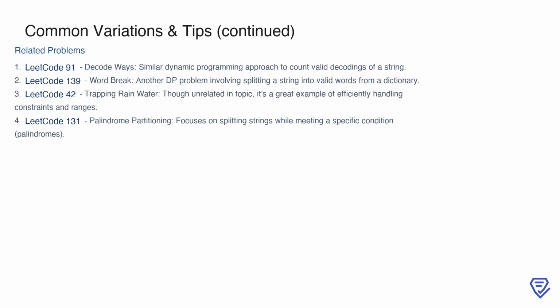While not directly related in topic, LeetCode 42, Trapping Rainwater, is a great example of efficiently handling constraints and ranges, a skill that's transferable to this problem. Lastly, LeetCode 131, Palindrome Partitioning, focuses on splitting strings into parts that meet a specific condition, in this case, palindromes. These problems collectively build the intuition and techniques you can apply to restore the array.